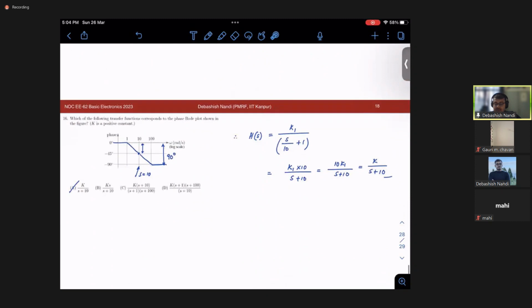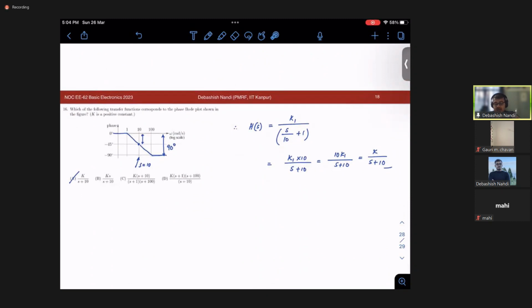So in 16 we were given a phase plot, and I told you to remember that one pole or one zero corresponds to a shift or advancement of 90 degrees of phase, right? But at that location from the previous point, a zero will have a plus 45-degree phase shift, and a pole will have a minus 45-degree phase shift. But in total, including both sides, it will account for a 90-degree phase shift, right?